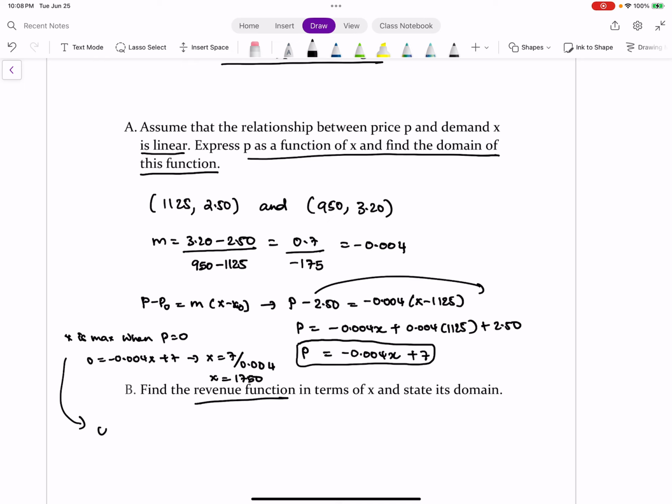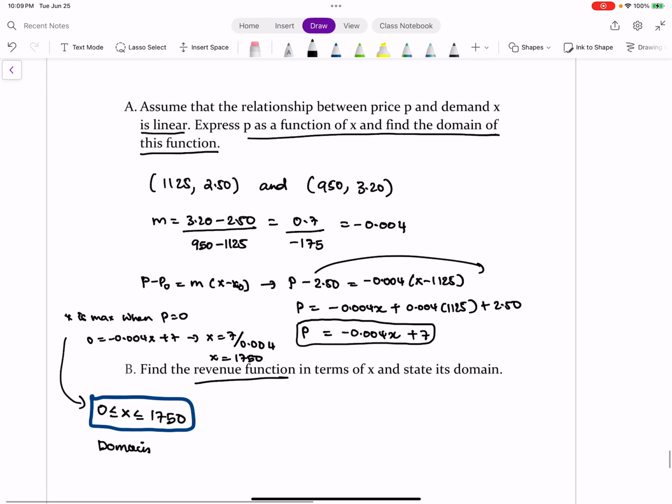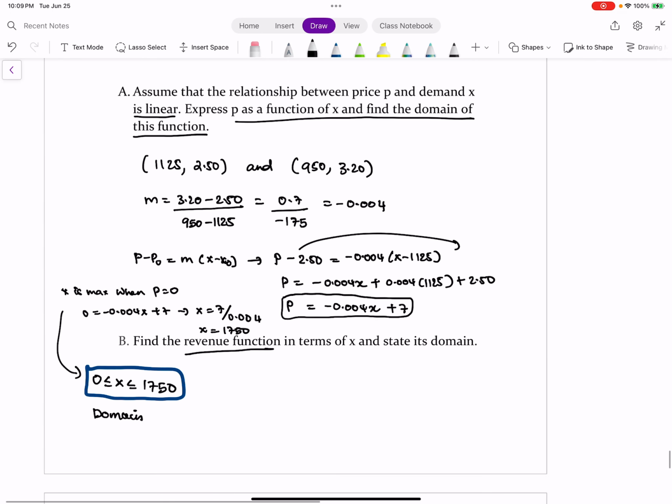The minimum of x is 0, obviously, nothing, 0 demand. So 0 is less than x, less than 1750. So this is the domain. The domain for the revenue is also the same. Now we answered: express P, this one, and the domain, this one.